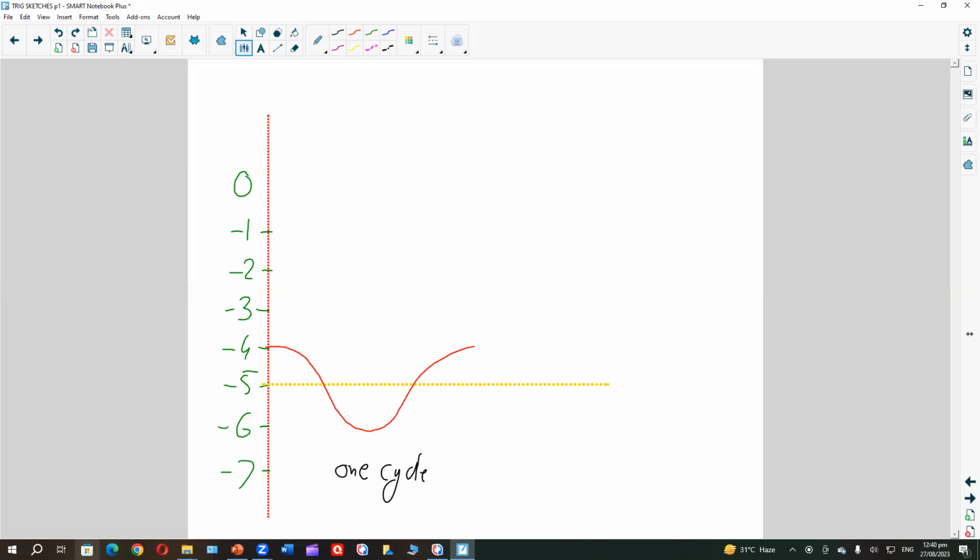Half of this graph is 180 and the other half ends at 360.